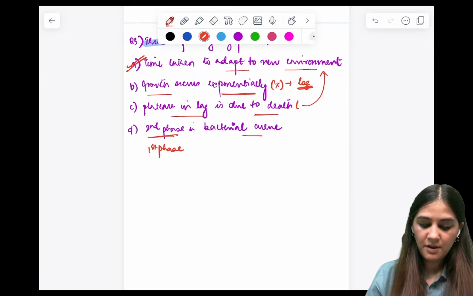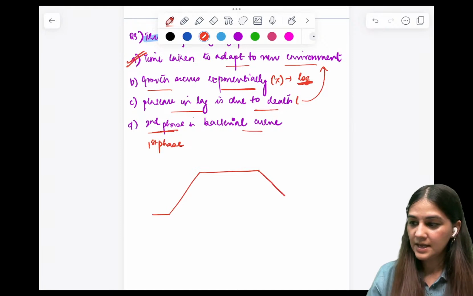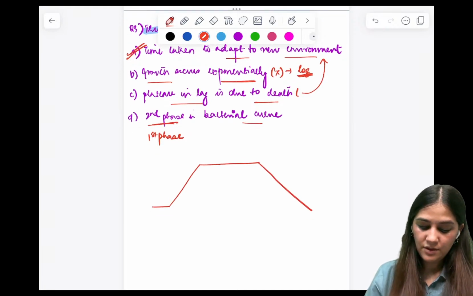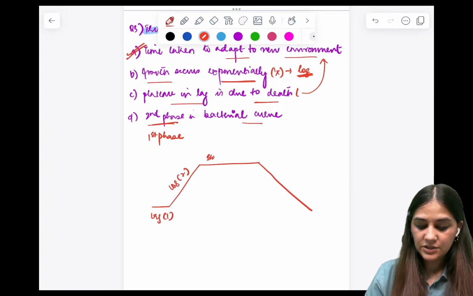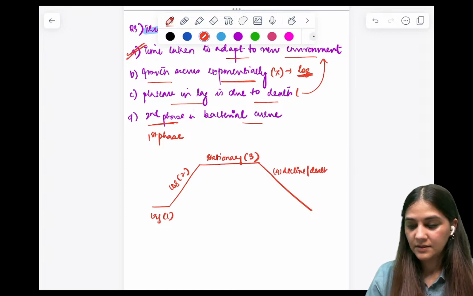So how does it go about? So there is a lag phase, log phase, a stationary phase, and decline phase. So lag phase is the first phase, log phase is the second phase, then stationary phase is the third phase, and finally, what is the fourth phase? Fourth phase is the decline phase or the death phase.